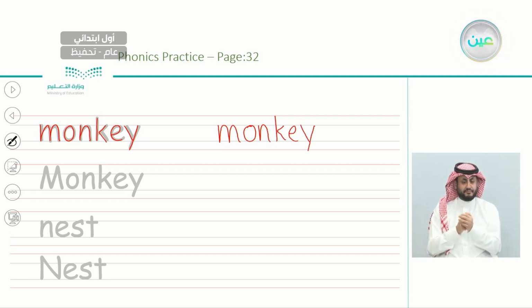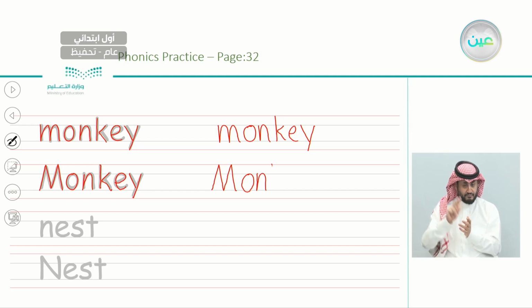What about monkey in capital? Yes, capital M like this. After that we have O, N, K, E, then we have Y. Let's write it one more time. M capital like this. O, N, K, E, then Y.